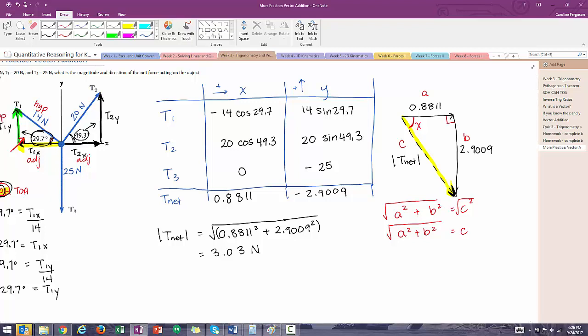So we're going to think back to Sohcahtoa. I'll write that down again here. Sohcahtoa. So again, here we're looking for our angle x. We have this side over here, which is the opposite. And we have this side over here, which is the adjacent.